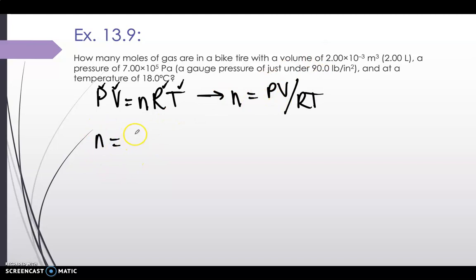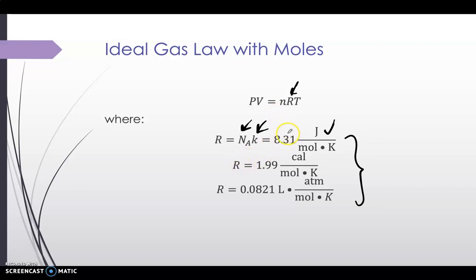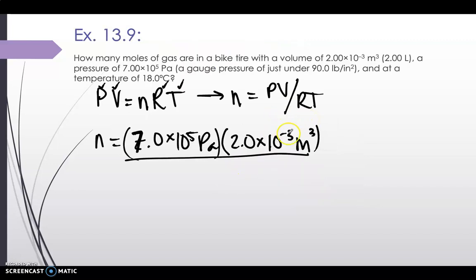Our pressure is 7.0 times 10 to the 5th pascals. Our volume is 2.0 times 10 to the negative 3 meters cubed. R, we know, is 8.31, and the units are joules per mole kelvin.